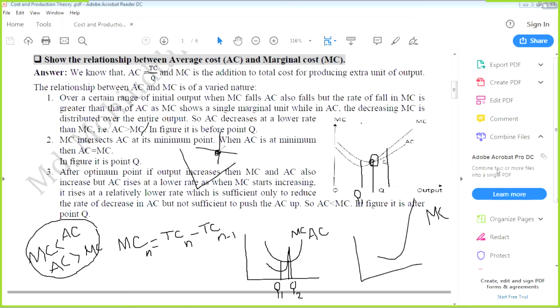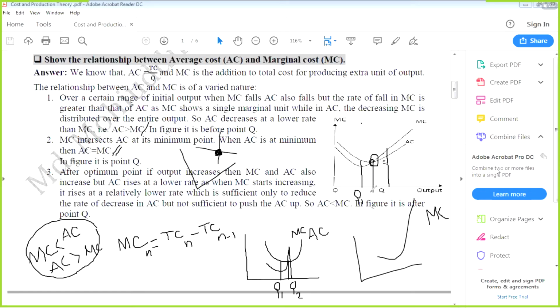Equal actually means the rate of change is the same here. So the rate of change of the average cost curve and the rate of change of the marginal cost curve are the same at this level of output. So AC equals MC. Clear or not?